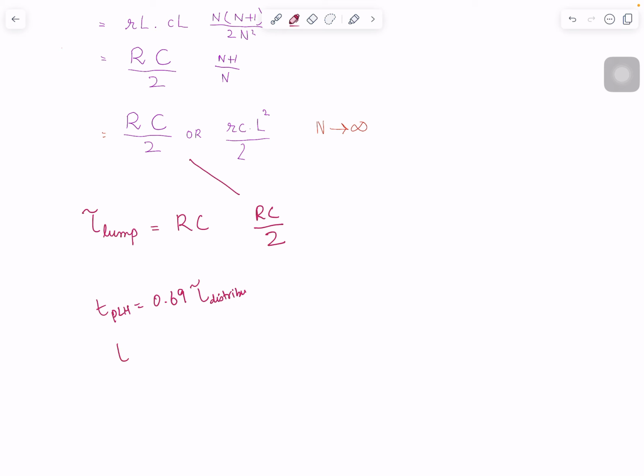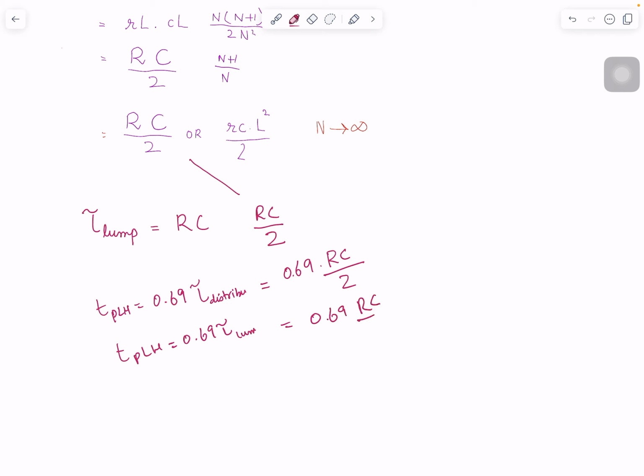And in the other case, it was 0.69 times the time constant of the lump. This one is 0.69 into RC over 2. This is 0.69 into RC.